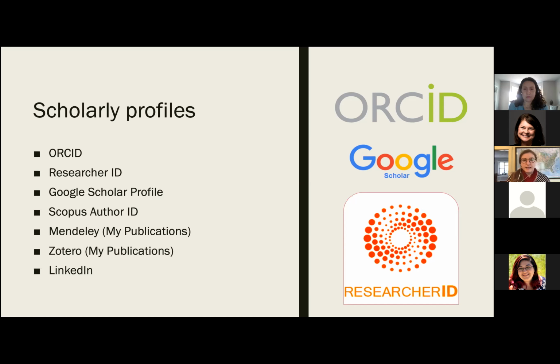Those of you in the sciences may also be familiar with Scopus and Mendeley, which allow you to basically, all of these scholarly profiles allow you to say, I am Andrea Schuler, Digital Collections Librarian at Tisch Library. I am not Andrea Schuler, the Olympic skier. And it brings together in one place an authoritative list of all your works.